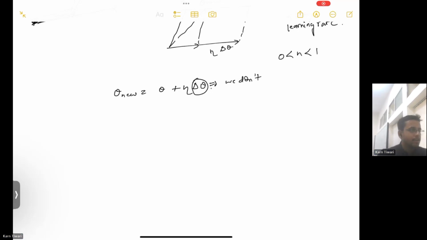So what we can do is, there comes the handy Taylor series. We want to ensure that our objective is getting decreased after taking a small step eta times del theta.